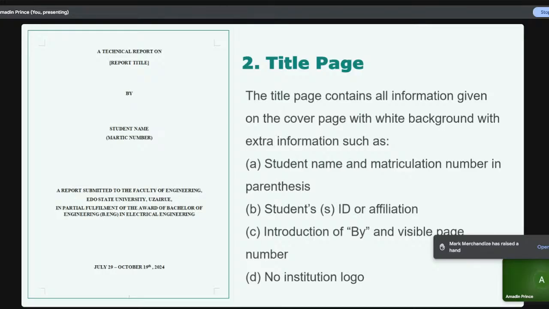Number one, the student name and matric number. In the first one, there was no matric number yet, but in the second one, you can see a matric number there. Then, the introduction by. Let me read this: a technical report writing, or let's say Student Industrial Training, by Amadi Print, with my matric number there.